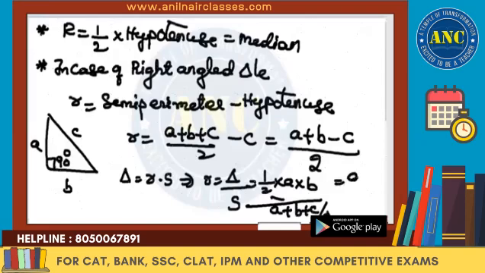So another notation is AB by A plus B plus C. Both are the same. Inradius is always given by semi-perimeter minus hypotenuse, only in the case of a right angled triangle.